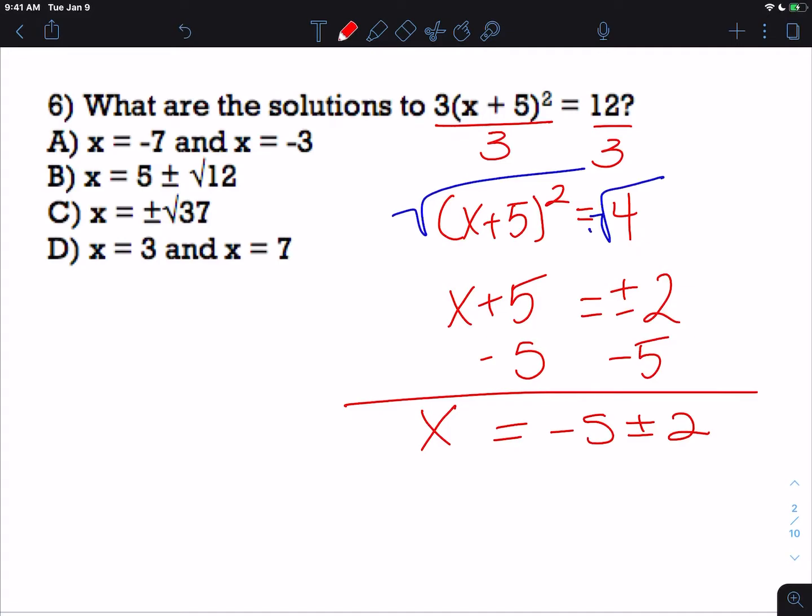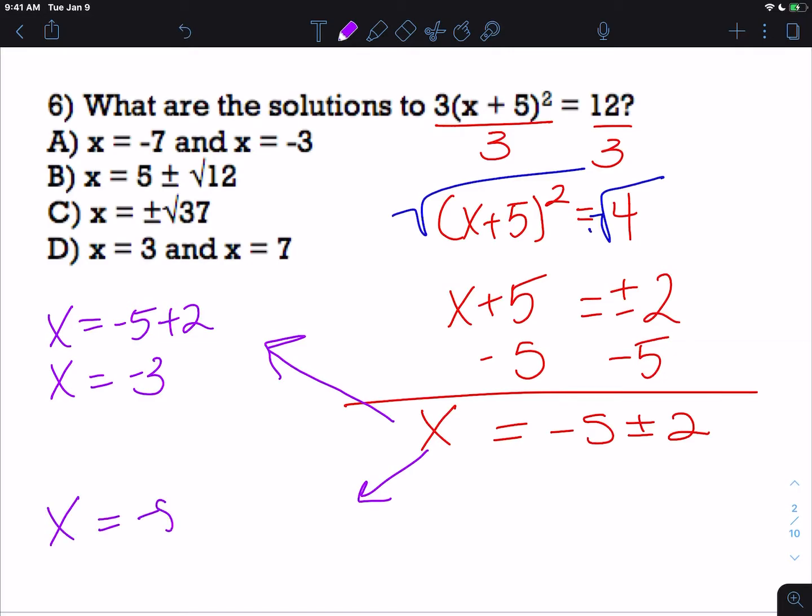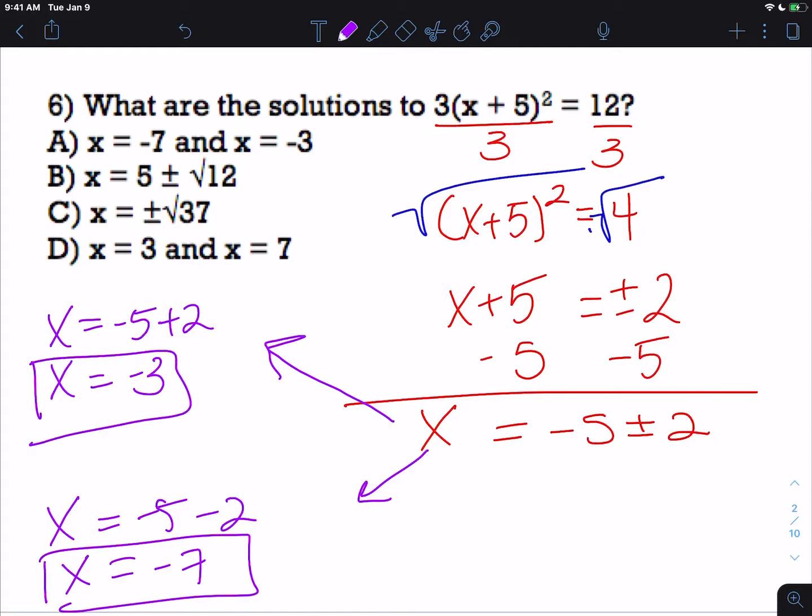So I'm going to go ahead and break this apart. Now I have two actual answers. So I'm going to look. It looks like that matches answer choice A.